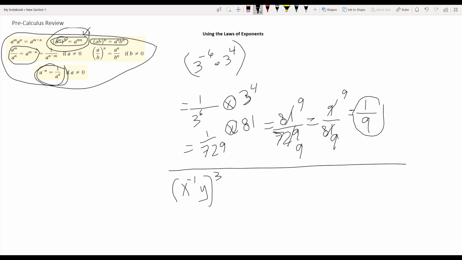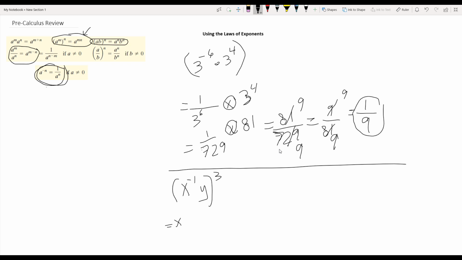Okay, so let's do this one here. Well, here we can use the same approach as in this formula. Remember this one here? Take a look at it. See that? The M and the N is the same stuff going on here. So you can simply multiply that x to the negative 1 times 3.